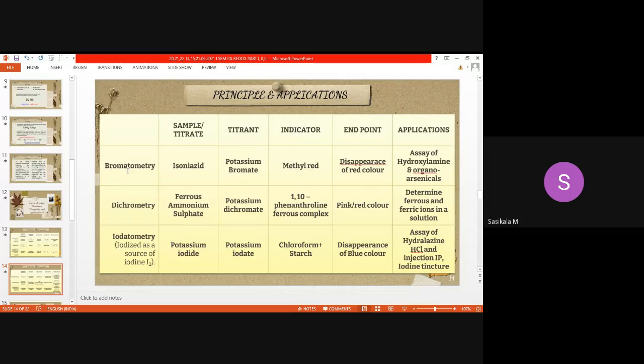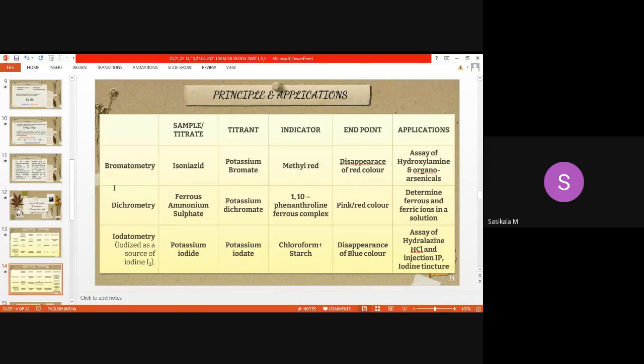Here acid is involved in the titration process, so methyl red, an acid-base indicator, is used in bromatometry. So disappearance of red color is the endpoint. Just find out the pH range we have seen for methyl red under the acid-base titration method, so that you will understand why disappearance of red color is the endpoint.